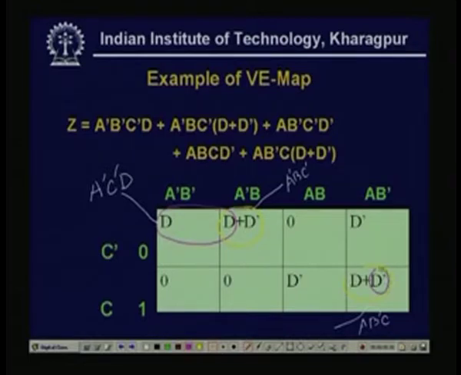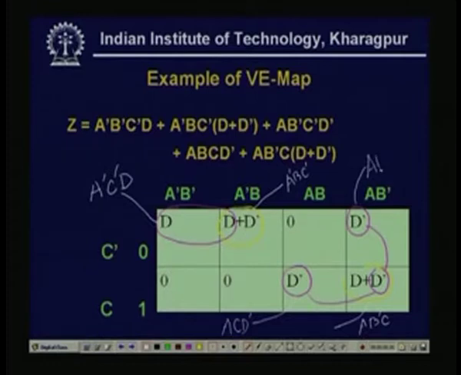This one will make a couple with this D dash, and they will form A B D dash. Then, this one and this one will form C D dash, because they are in the same column.